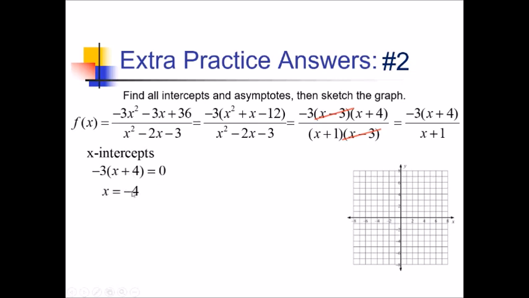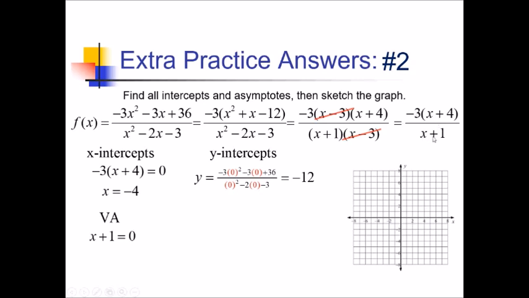so that's our x-intercept. For y-intercept, I'm going to plug 0 into the original function for all the x's, and everything is getting zeroed out there except for 36 over -3, so that's going to be -12 if I reduce that. Next, for vertical asymptotes, that's going to make the simplified denominator, x plus 1, equals 0.